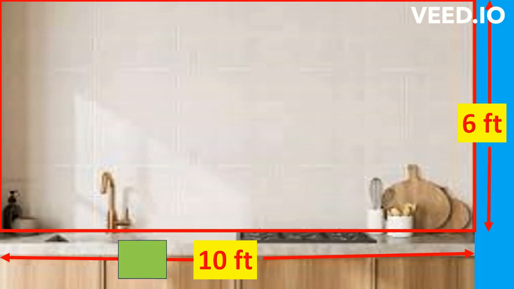Suppose I have a tile here. The dimensions of this tile are 1 feet by 1 feet. So I would like to fill up this wall with these tiles. So I am filling up this wall with the tiles.